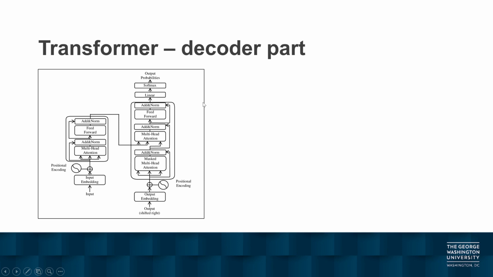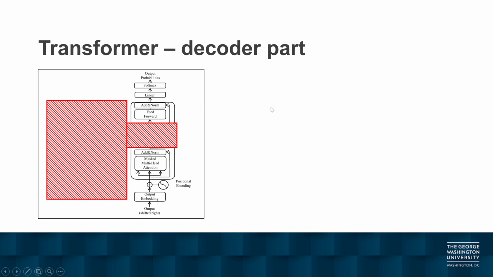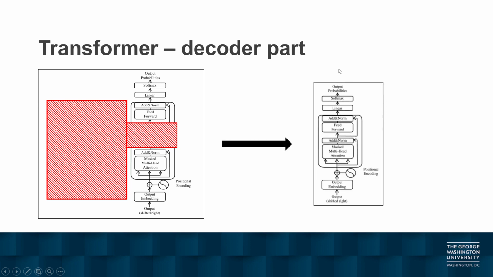But for my project, the connection between encoder and decoder and also the encoder part will be removed because it's only for classification. So it turned into a structure like this. And also because it's for classification, I don't find a way to use the mask mechanism, so the mask mechanism is also removed.